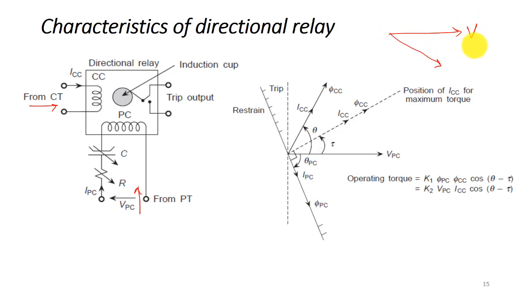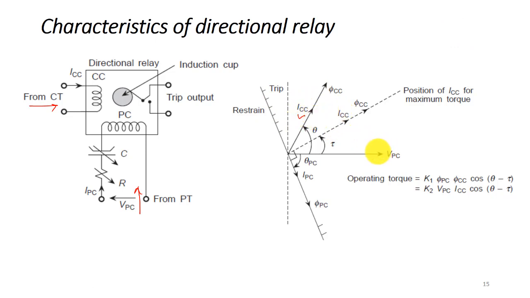We write this as VPC, and this is your ICC, right? But during a fault it may lead or it may lag very hugely, right? Now let us say your current is leading here, that is ICC, right?